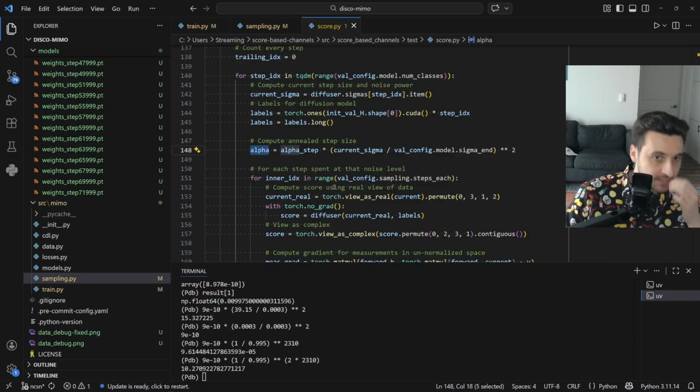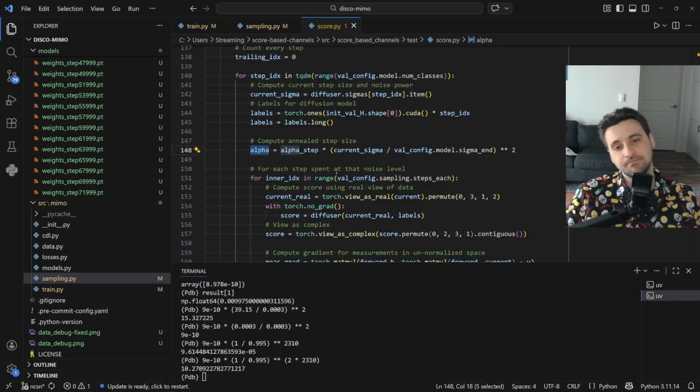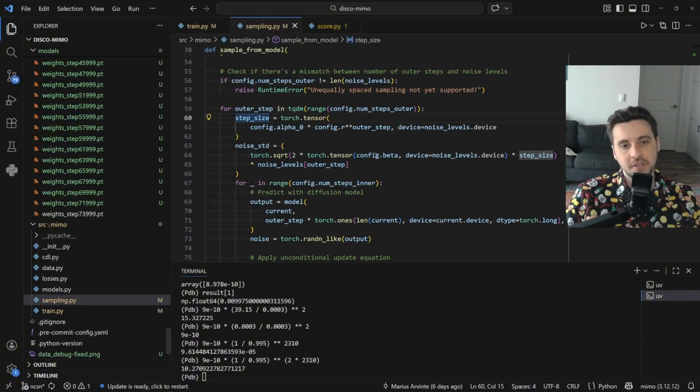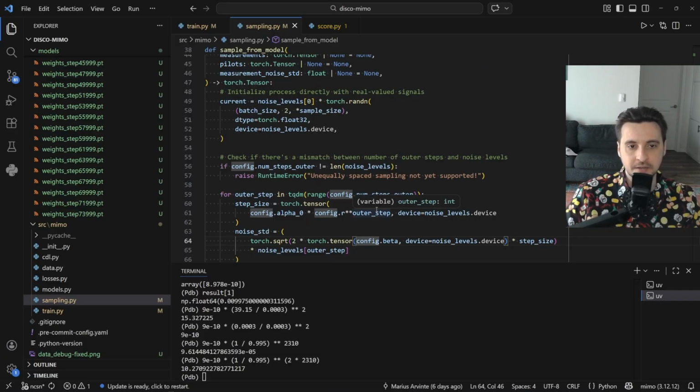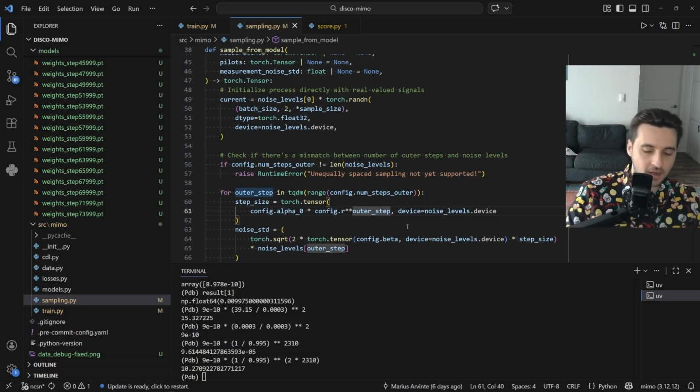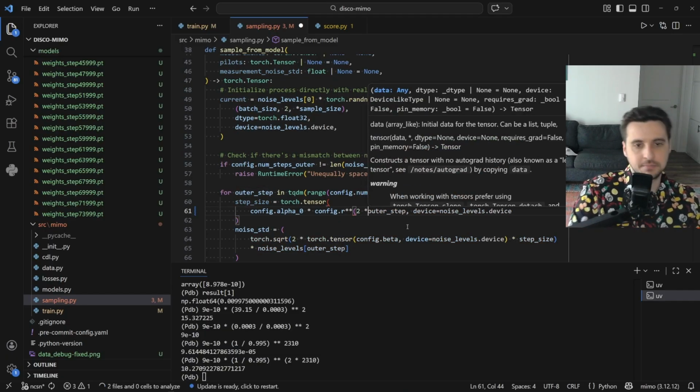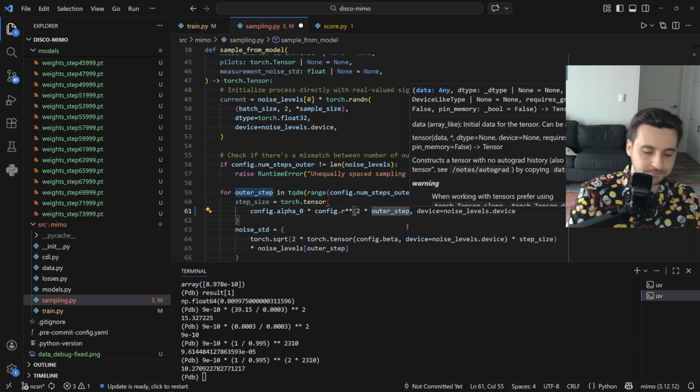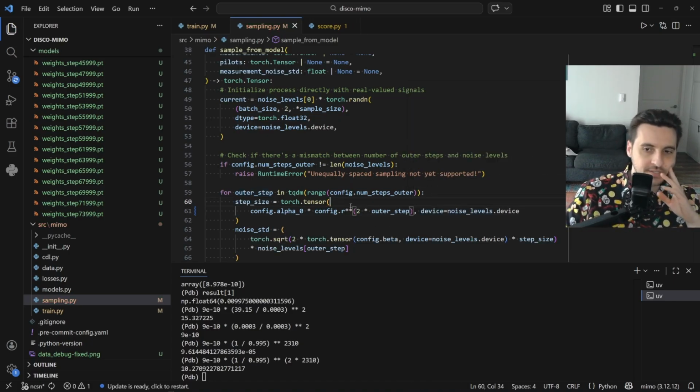Then this one gets decayed. Very careful here. One more mistake. It gets decayed by r squared times at every step. Oh my god, this is very sensitive here.